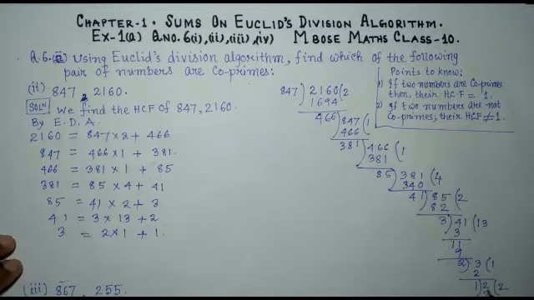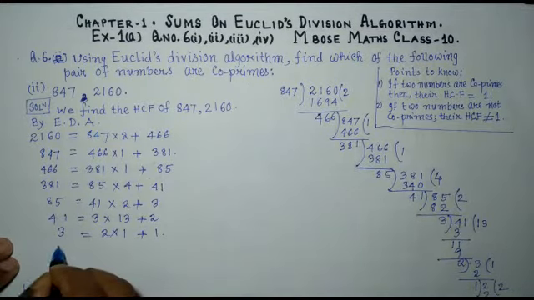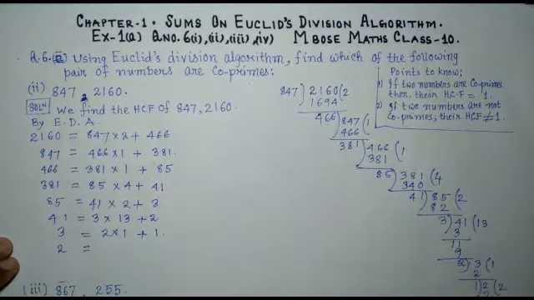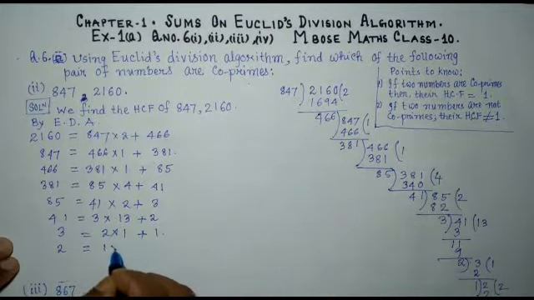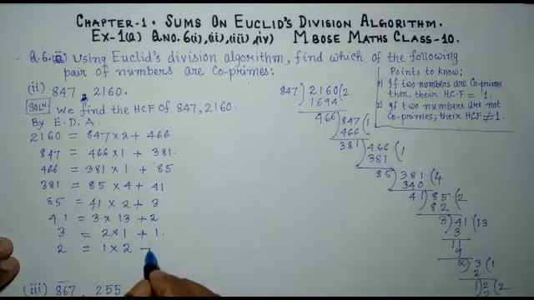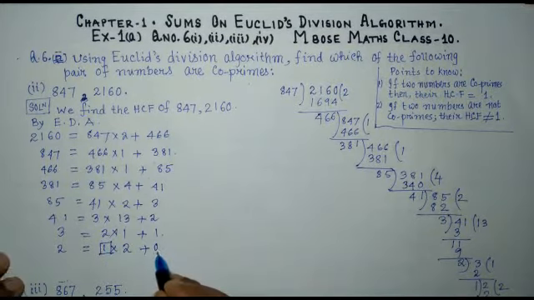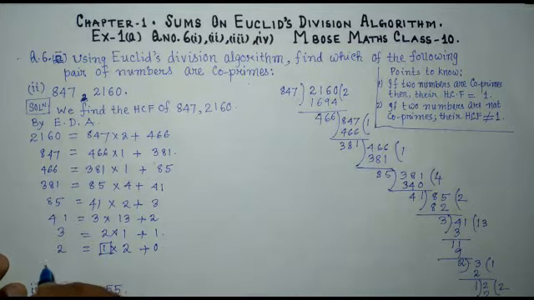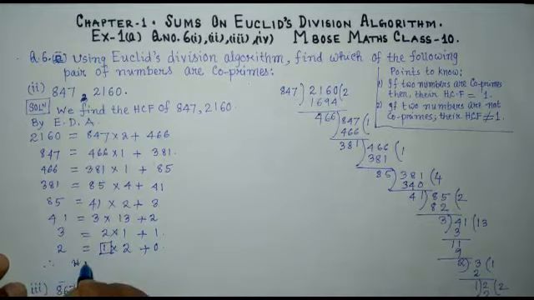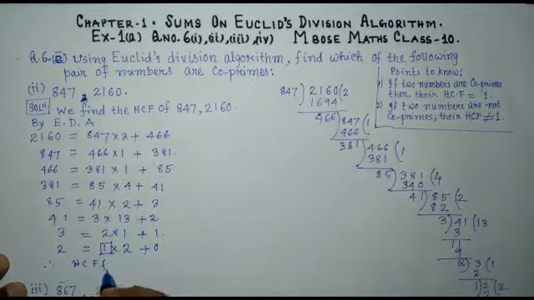So we write for this division: dividend is 2, divisor is 1 into quotient 2, and remainder is 0. Since the remainder is 0, this 1 is the HCF. So we can write here, therefore HCF of these two numbers, what are the numbers?